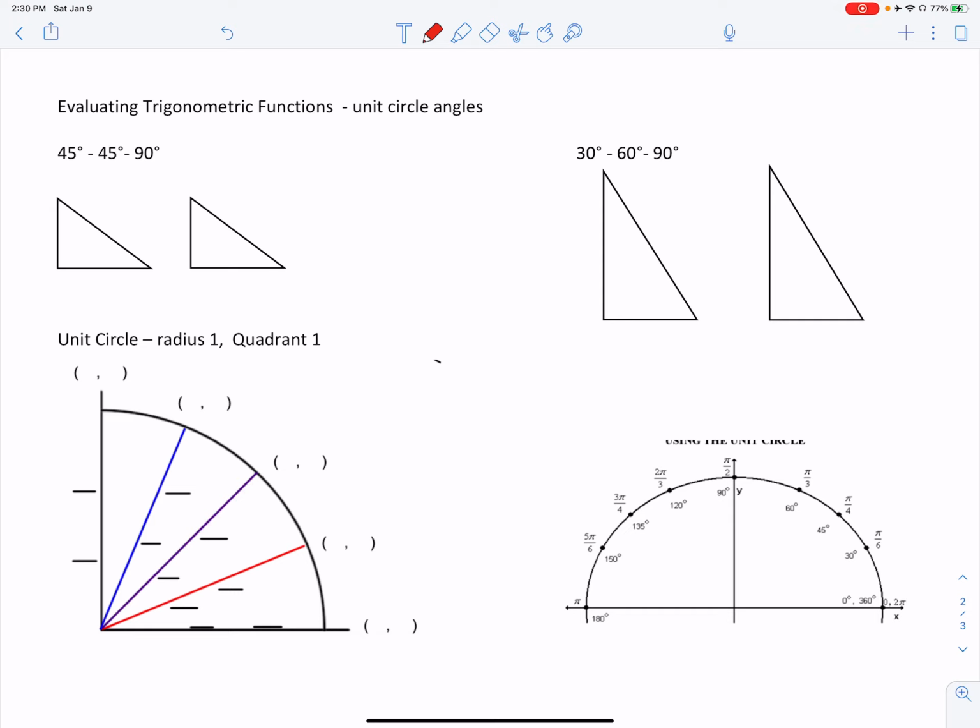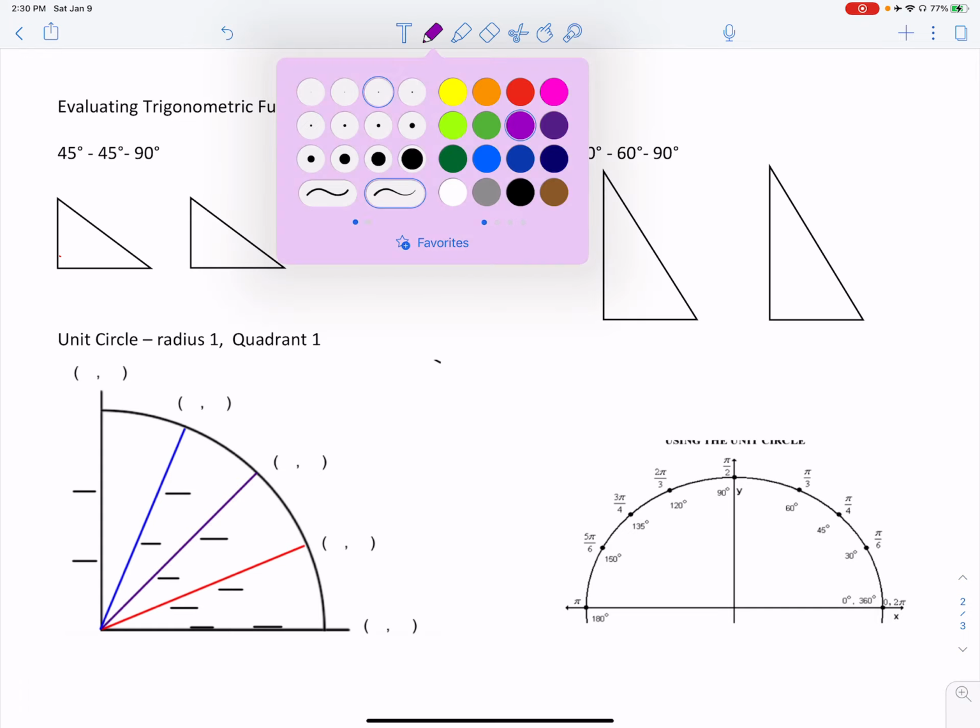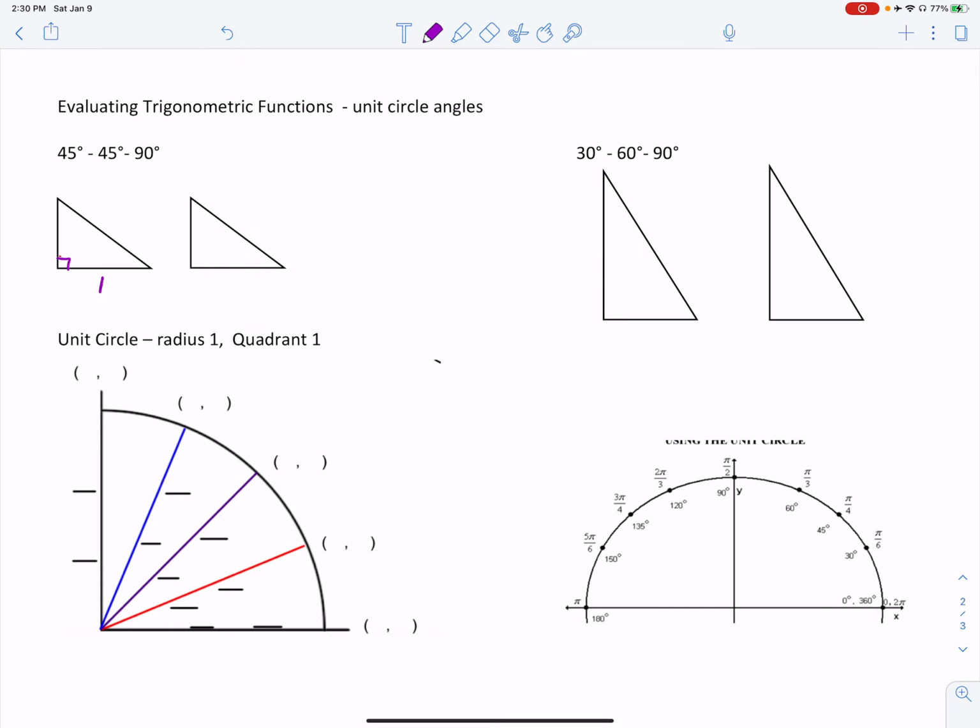So the next thing is to evaluate these trig functions. And so we want to just look at a couple of 45, 45, 90 triangles. On a 45, 45, 90, we've already talked about how when you go from the leg to the hypotenuse, you multiply by root 2. So one of those triangles we use is let the legs be 1 and let the hypotenuse be root 2. But on a unit circle, we want the hypotenuse to be 1.